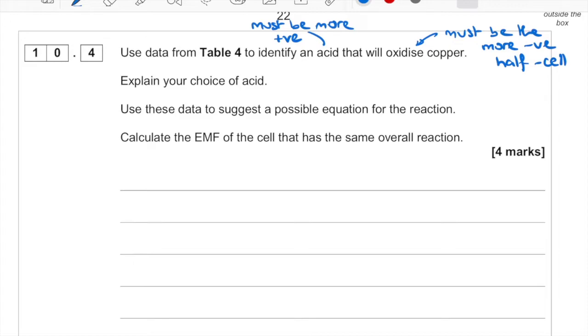Okay, first thing to say. We've got to explain our choice of acid, use these data to suggest a possible equation for the reaction, and calculate the EMF of the cell that has the same overall reaction. Because copper is being oxidized, we know it must be the more negative half cell.